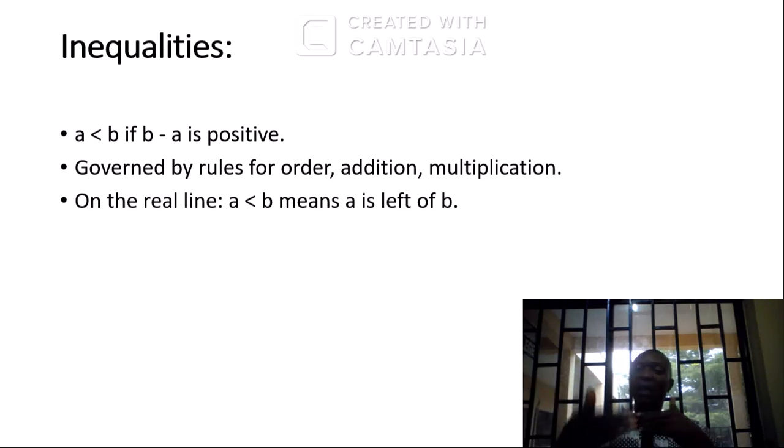So we are just expressing that two numbers are not equal. That is what we call inequality. We are trying to order the set of real numbers. That is, one is greater than the other, or the two numbers are equal, or they are not equal. So that's what we are trying to do.